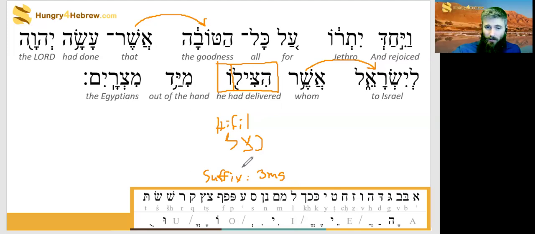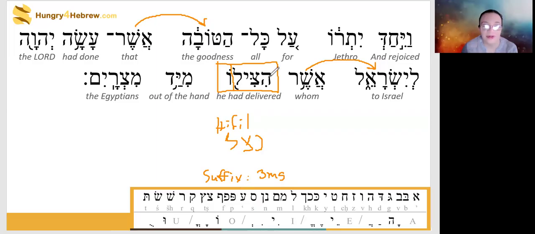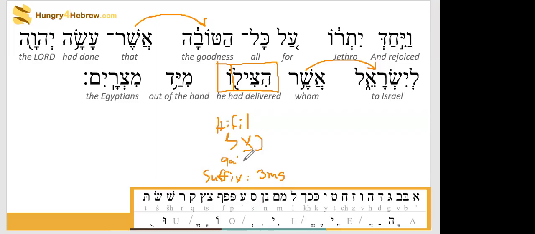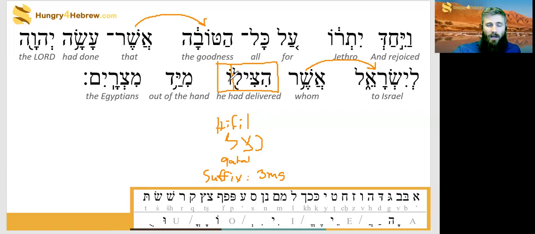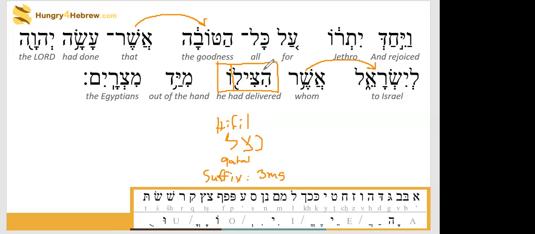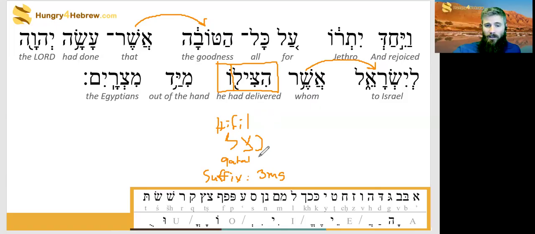The verb is 3MS. The O is not a katal suffix; the O is a pronominal suffix. So hitzil is 3MS, and he did it to him.